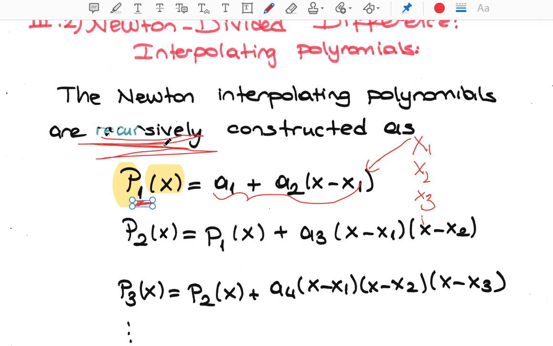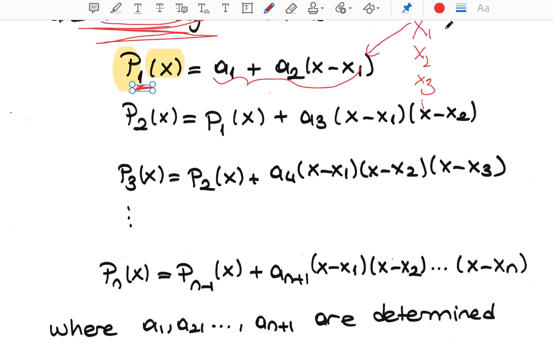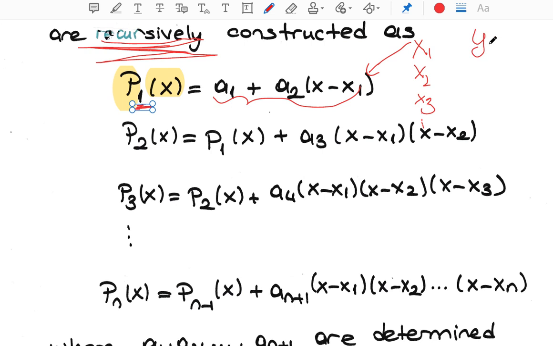This gives you a recurrence relation. We will continue this process up to getting, of course, the nth degree polynomial. You know that a1 and so on are coefficients, and we just classify our data points, whose values we know from the experiment.